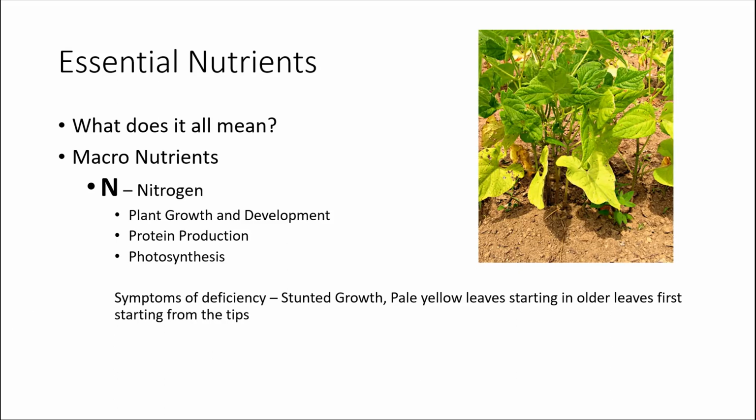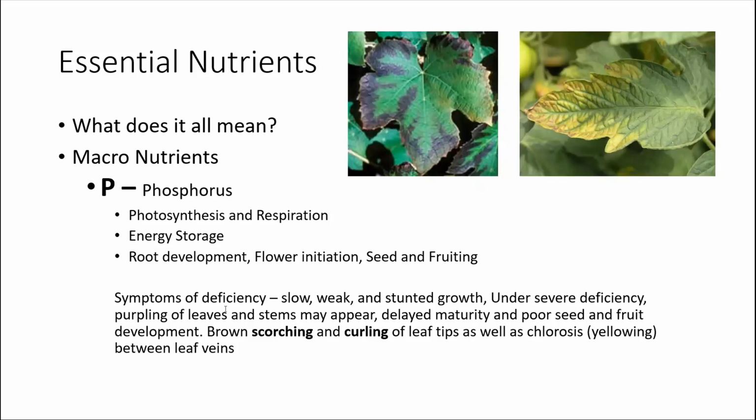Now, with phosphorus, you can see scorching and curling of leaf tips, as well as chlorosis, that yellowing between leaf veins.